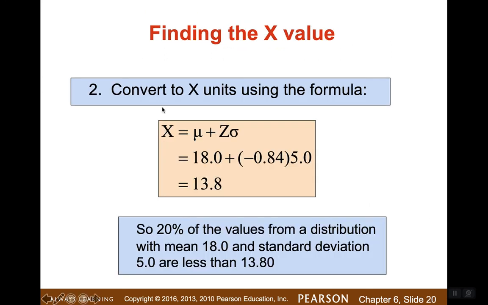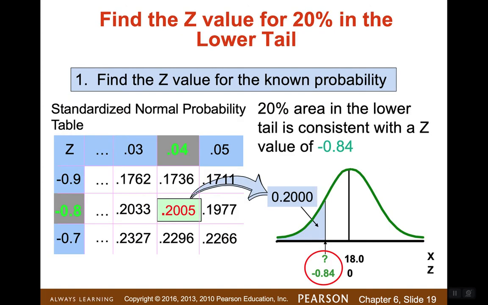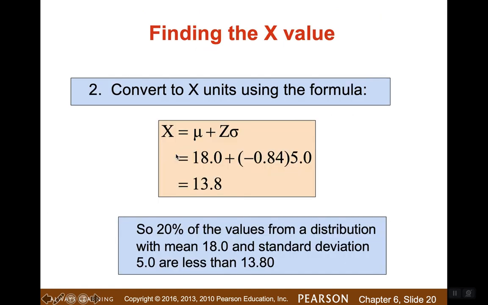So I can also convert to x units using the formula. The mean is 18. The z value is a negative 0.84. Times 5, which gives 13.8, which is our x value.